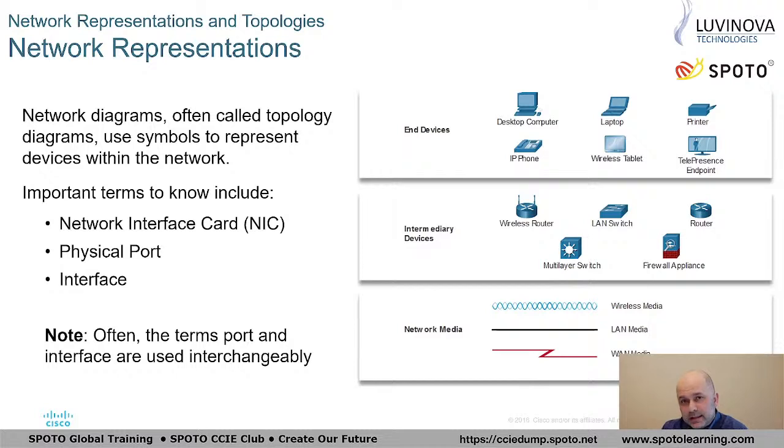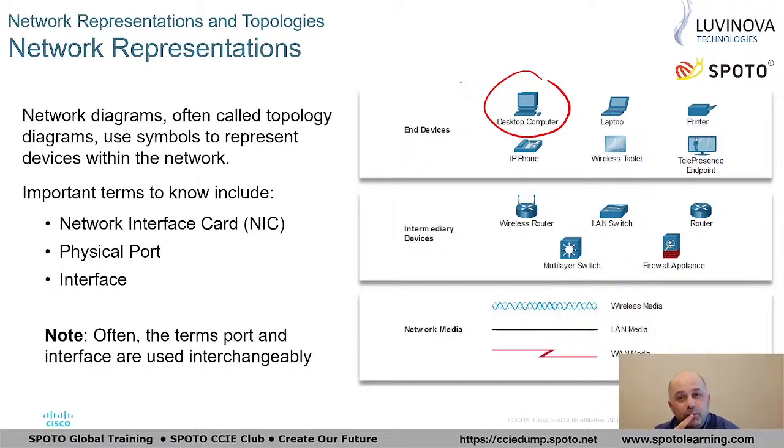End devices are formed by desktops, laptops, printers, iPhones, IP phones, wireless tablets, telepresence, and endpoints. But the most important thing, guys, as I already explained, an end device is everything behind which stays the user. So if you connect your phone to the wireless, your phone became an end device.